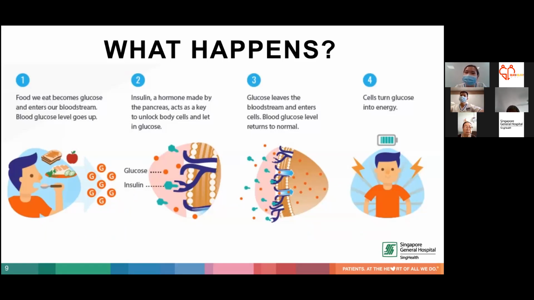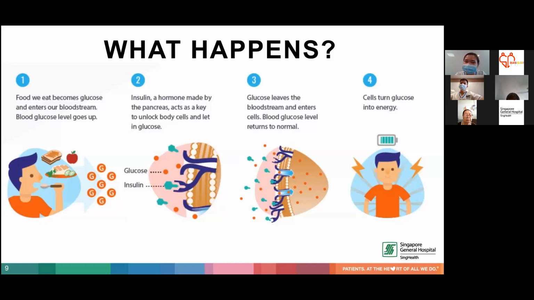So the food that we eat just now, it becomes sugar when we eat the food. And when it enters our bloodstream, our blood sugar level becomes higher. And insulin is a hormone that is created by our pancreas.